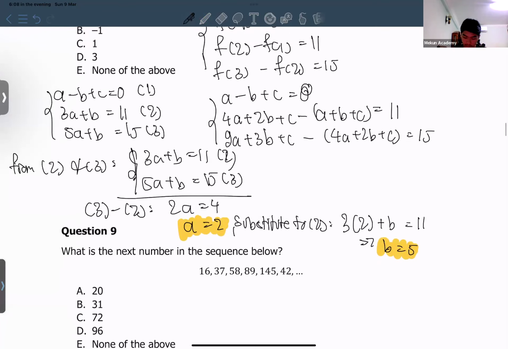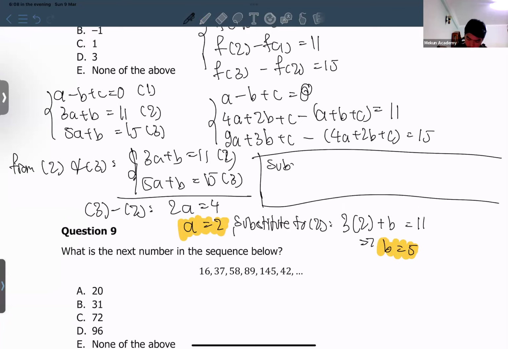So you can substitute a and b into the first equation. Substitute a equals 2 and b equals 5 into the first equation. You'll get 2 minus 5 plus c equals 0. Then you'll get c equals 3.